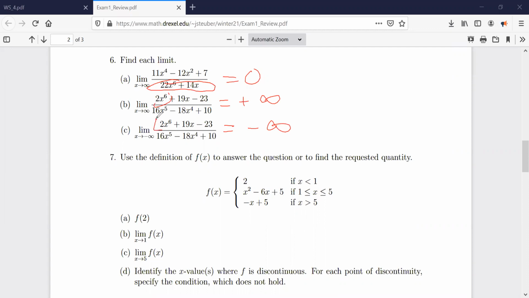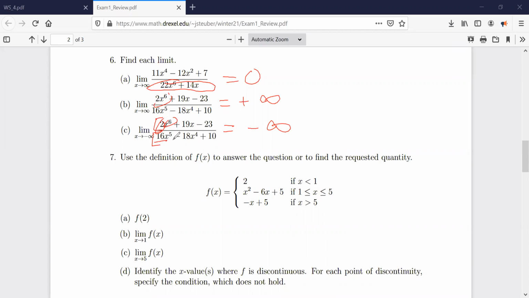But here, or not always, but as you go off to infinity, they're always going to be positive eventually. Here, the top is going to be positive because we have an even power right here, and then it's got a positive coefficient. But the bottom is going to be negative because it's got a positive coefficient times an odd power.